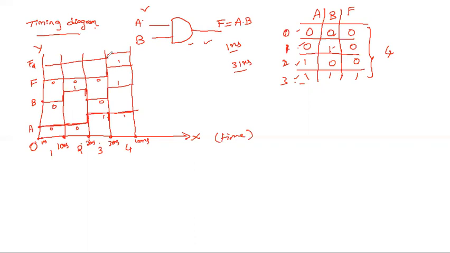So observe here from 30 to 31 nanosecond, only this part. If you observe only this part, A is 1, B is 1, but F is 0, for 1 nanosecond.